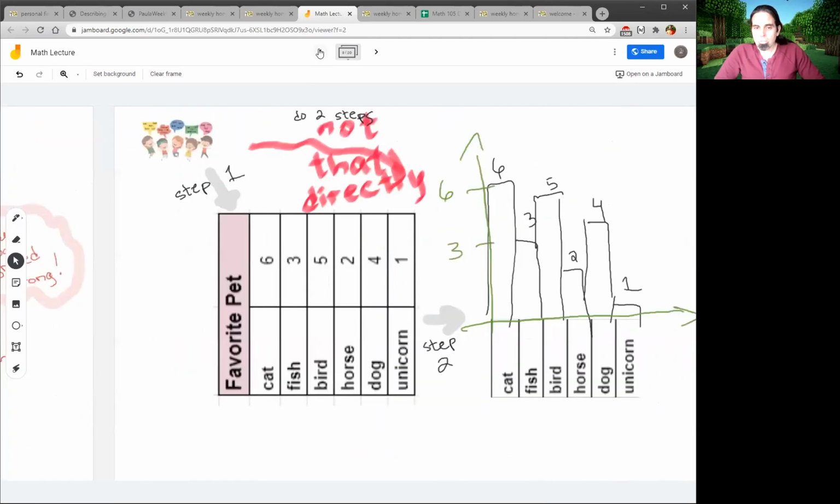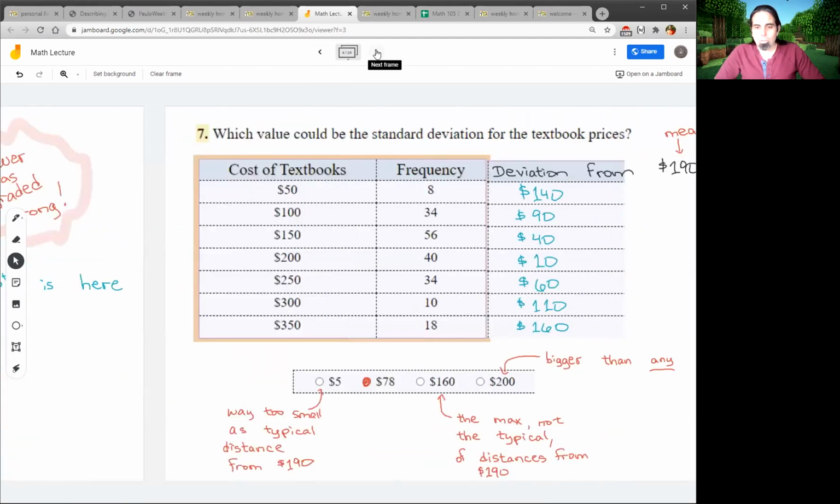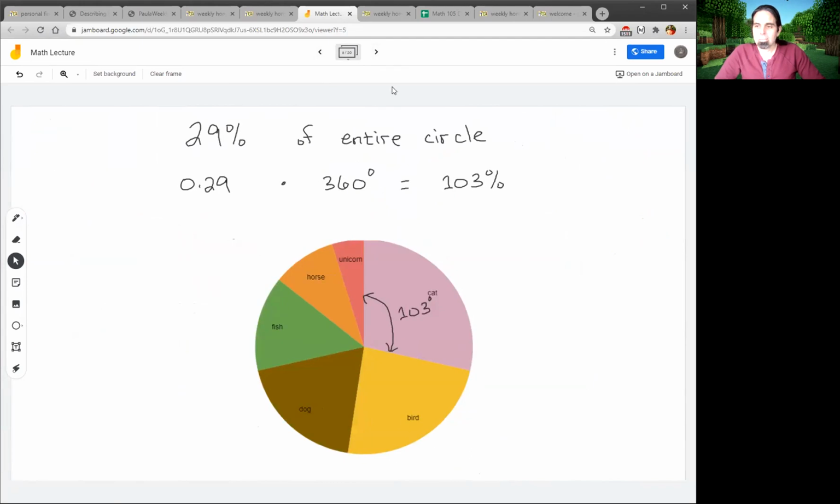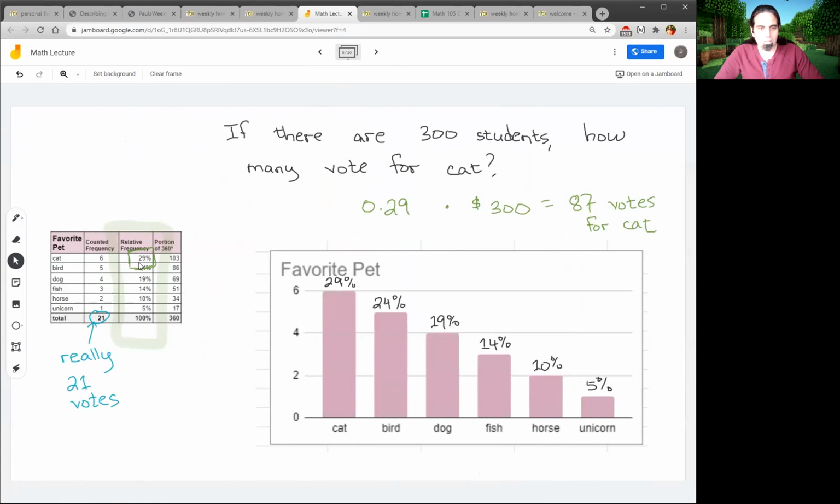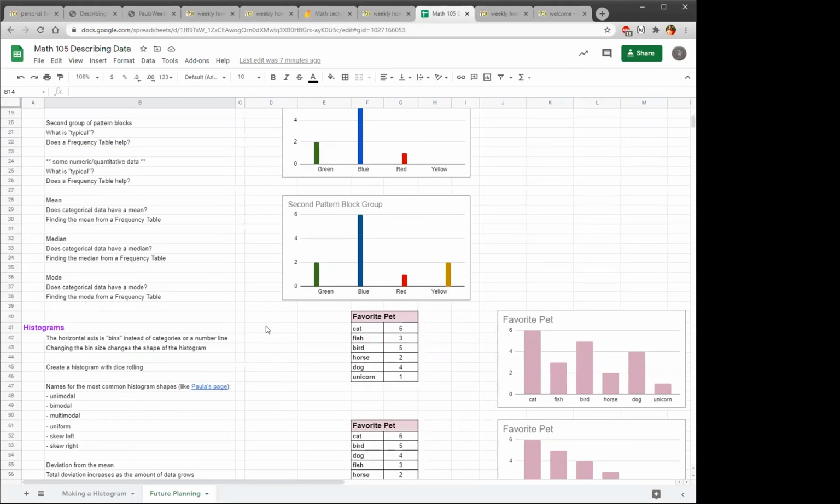Okay. Anything else about all the stuff we've done so far before we move on? We haven't done a ton of examples of using relative frequency. Should we do more of those? Sure. Yes, okay. So let me grab another chart.